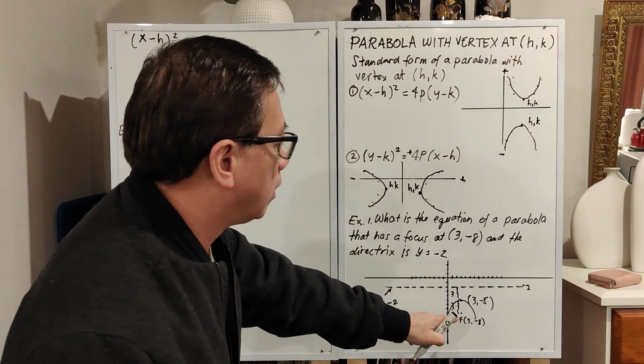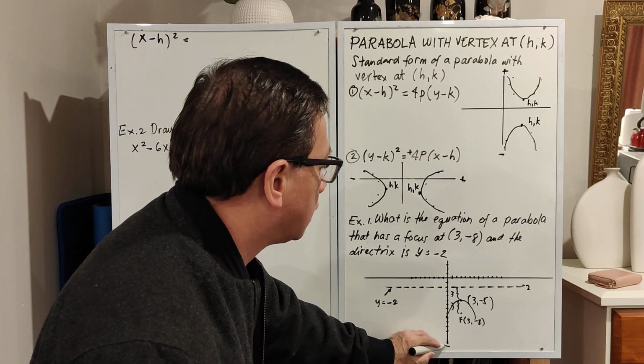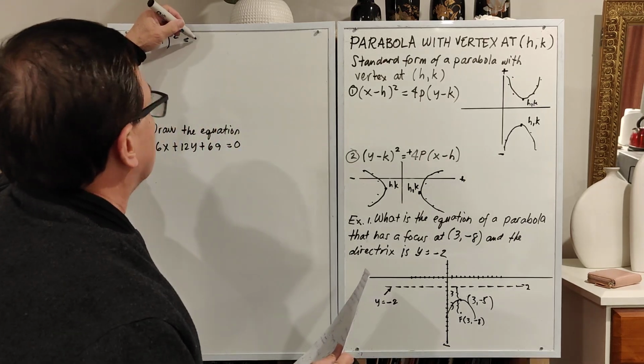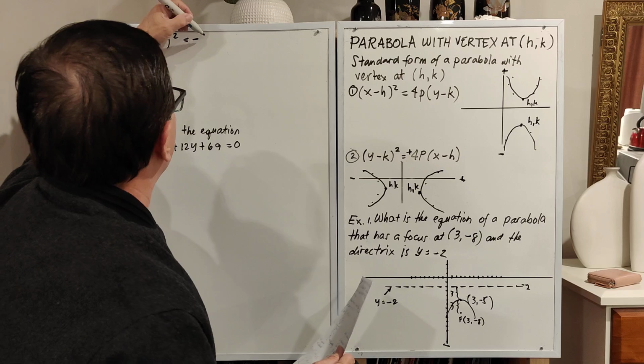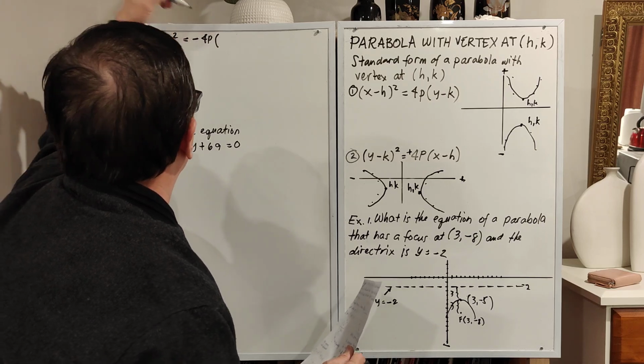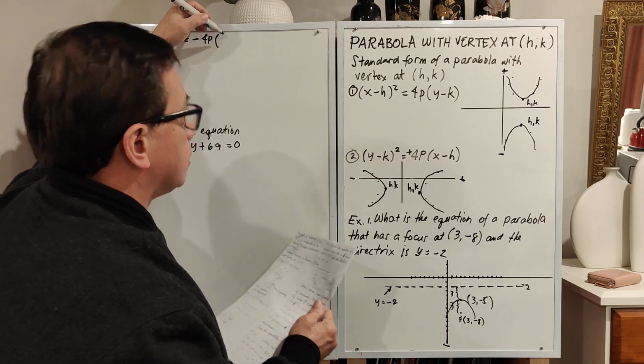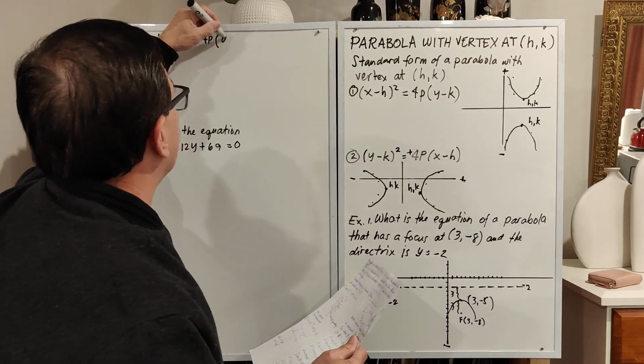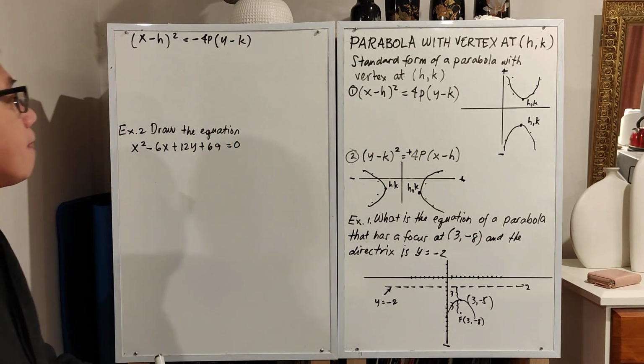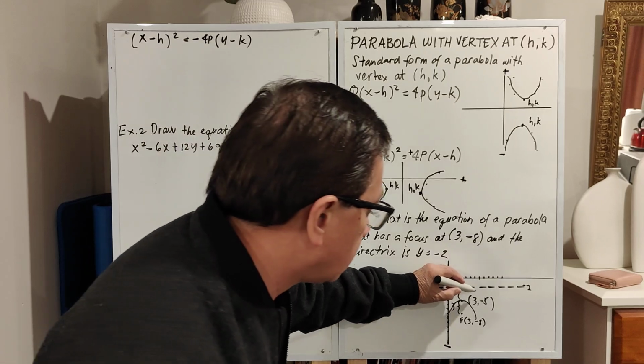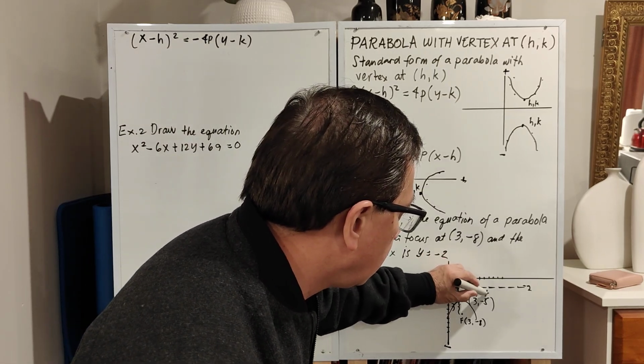So this is going downwards, because this is negative. You get -4p times y minus k. So your h is this one, this is your k.